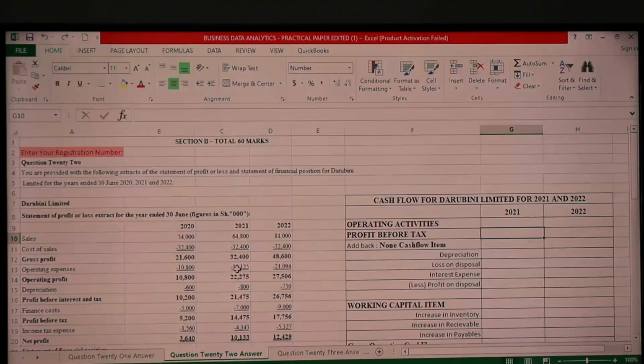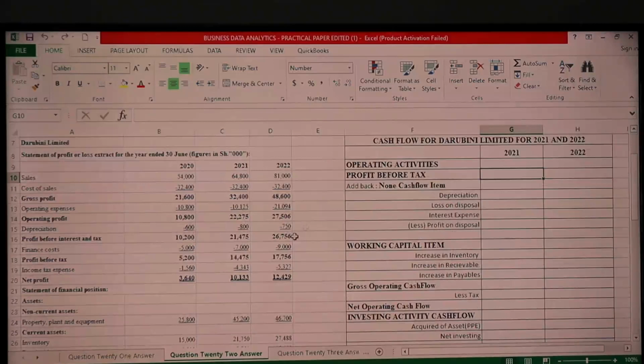So where is the profit before tax? If you check very well, you find the profit before tax is somewhere here. And in the worksheet, you're supposed to take that profit for 2021 because you are formulating the cash flow for 2021. So you start with an equal sign, then you select the cell with that profit before tax.